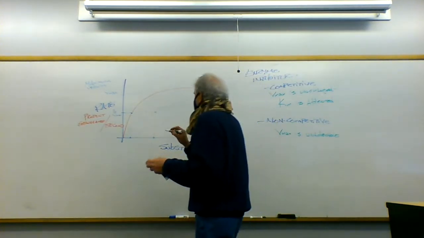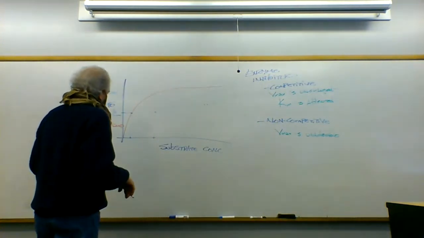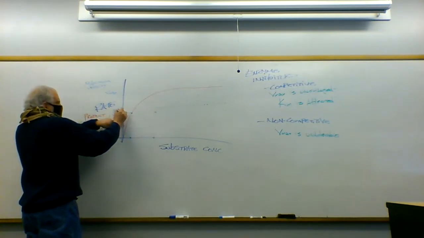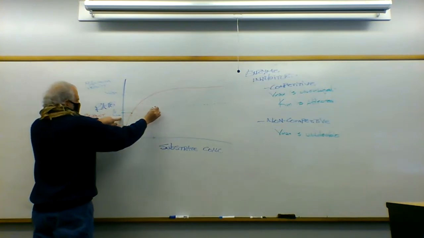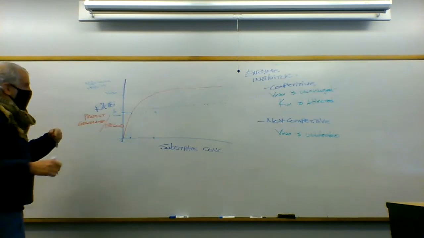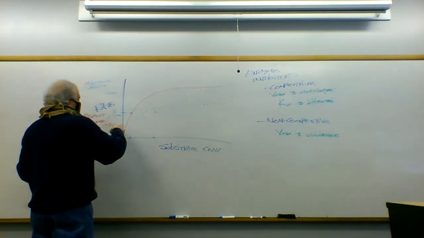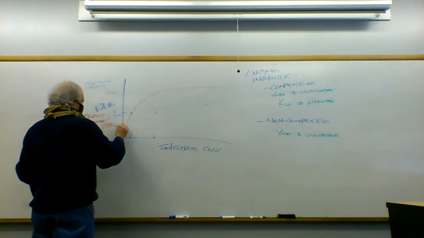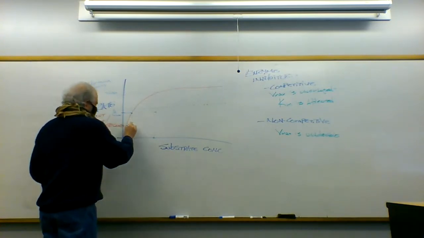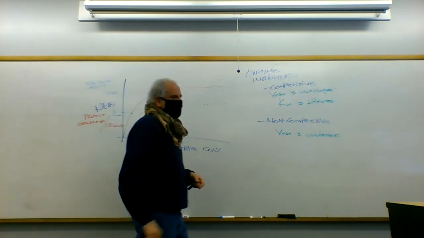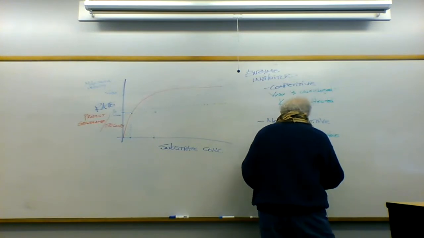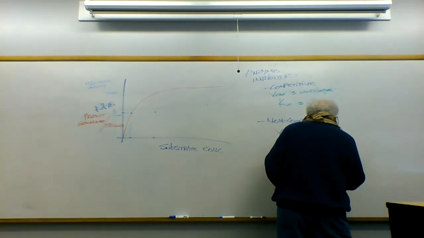And what this often turns out is that because we've got Vmax right here, Vmax has changed, Vmax has dropped, 1/2 Vmax also drops, and we'll see that Km has not changed. So Km doesn't change.